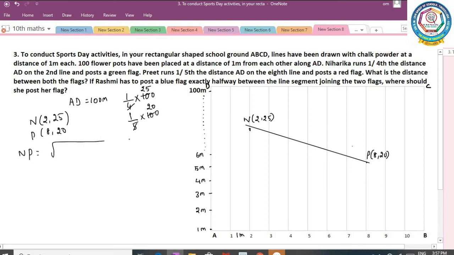Distance formula, square root of (x2 minus x1) the whole square plus (y2 minus y1) the whole square, which is equal to square root of, this is x1 y1, this is x2 y2. So x2 is 8 minus x1 is 2 the whole square plus y2 is 20 minus y1 is 25 the whole square.